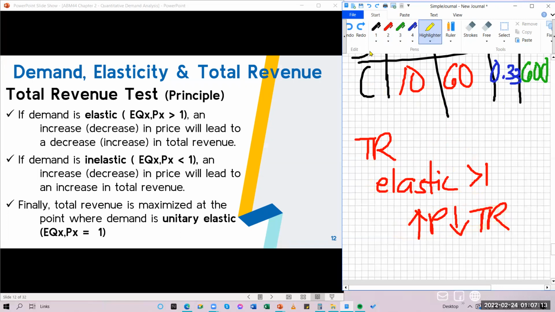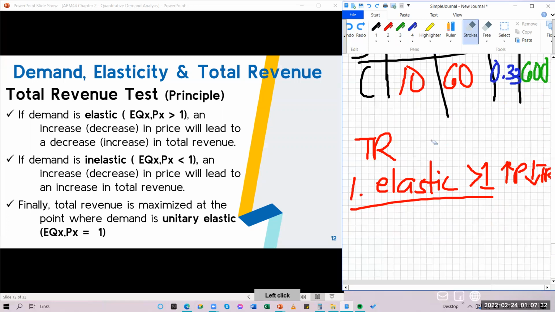So that is the first one. So we have elastic, again, greater than 1. So if your price is higher, your total revenue or income is lower.